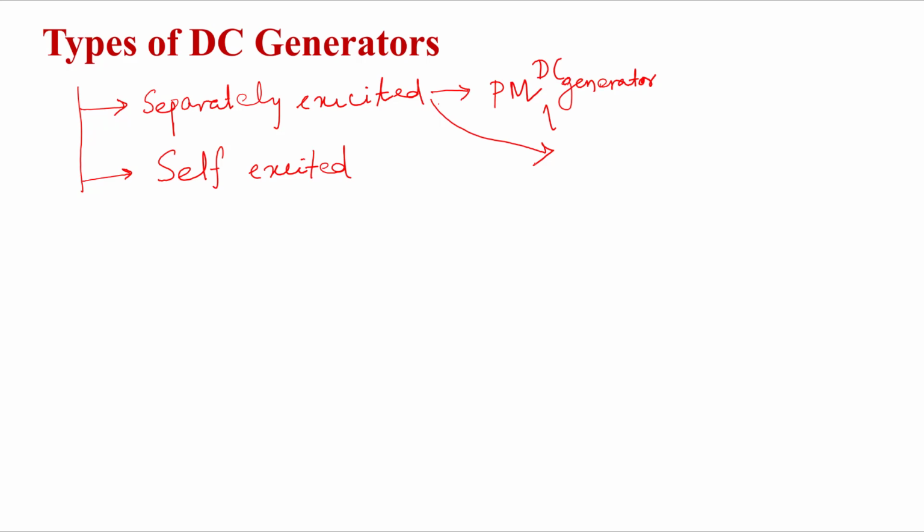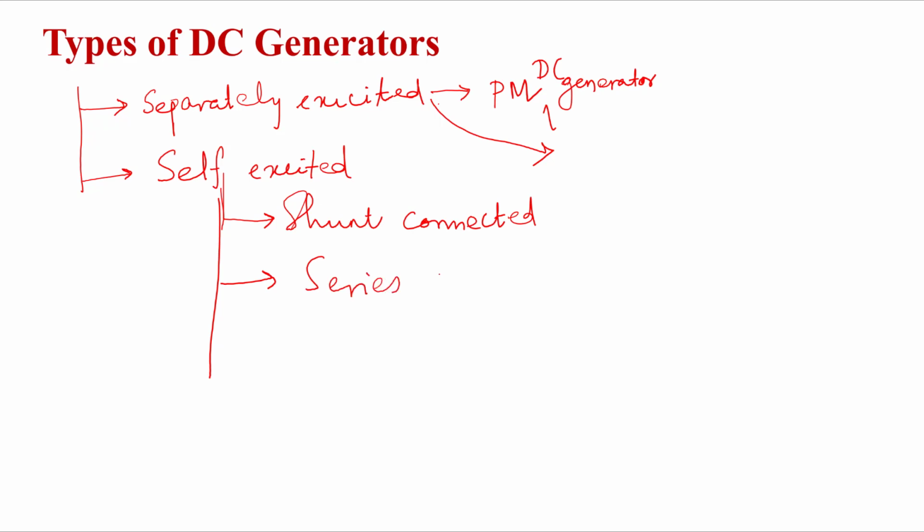Okay, now coming to the self-excited DC generator, already I told you they may be shunt connected and series connected. It is based on the structure and connection of the field winding. May be compound connected, okay. So what is shunt connected?